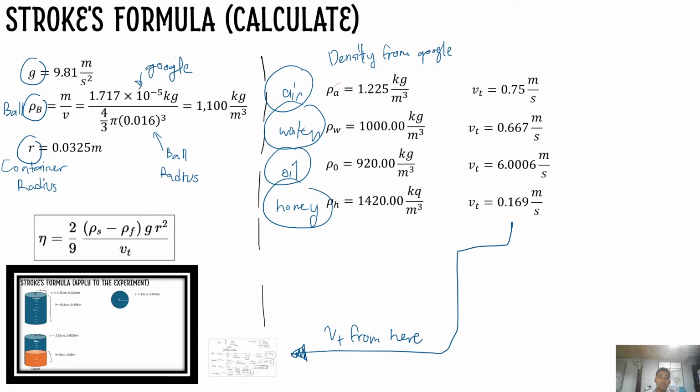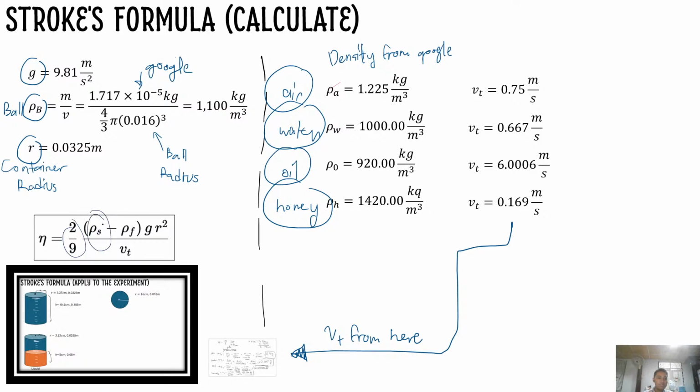With the Stokes formula, we have 2 over 9 times the difference of densities times gravity times radius squared, over the velocity of time. So 2 over 9, we already got it.